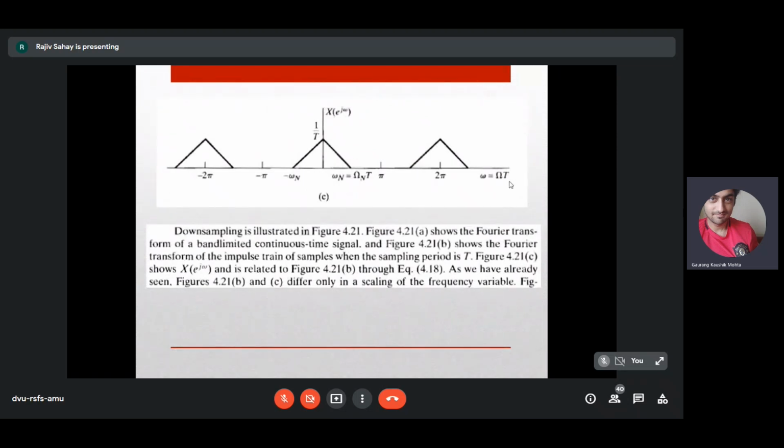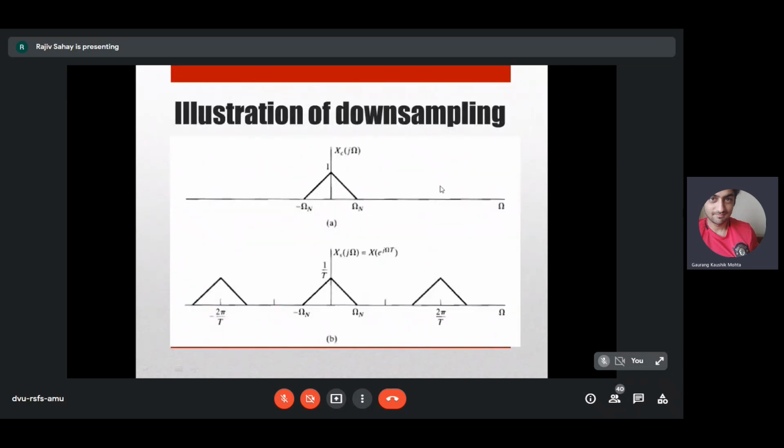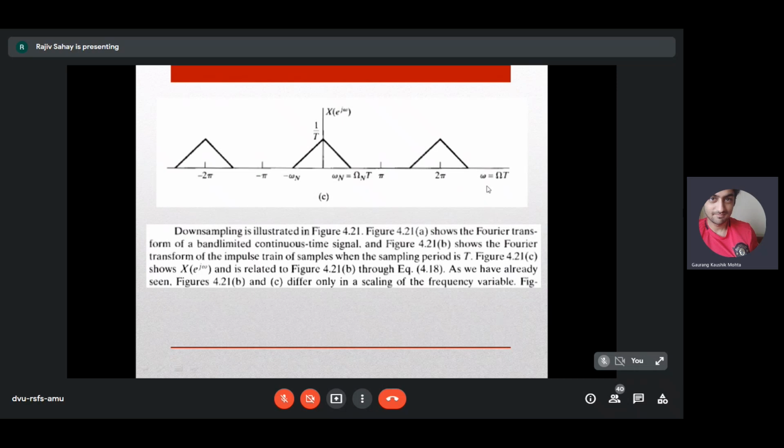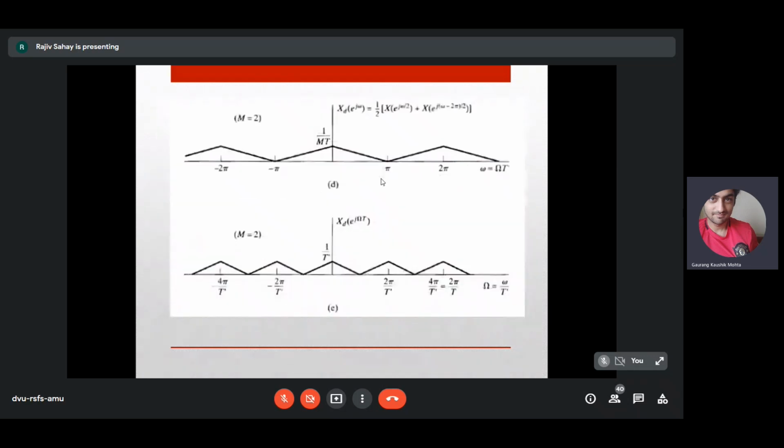Okay. The B and C plots are identical. Here the x-axis is capital omega, and now here it is small omega. And you have band limited this such that omega n is less than pi. Now capital M is equal to 2. You have reduced the time domain duration. That means you have reduced the resolution in the time domain by half.